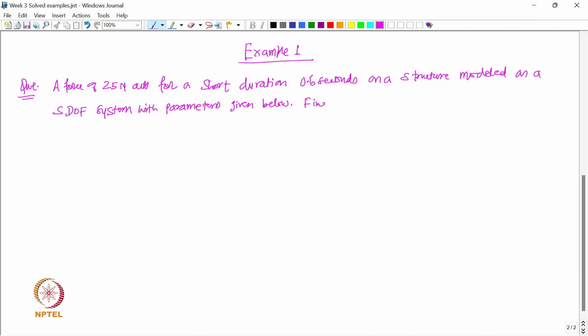Find approximately the amplitude of the resulting displacement response.